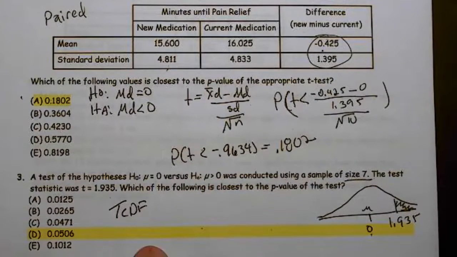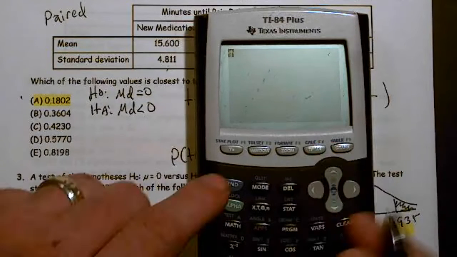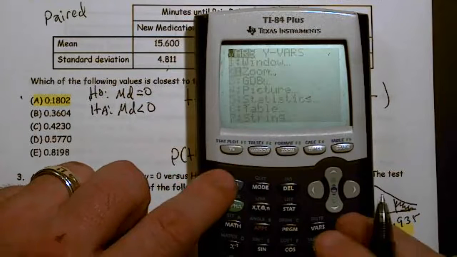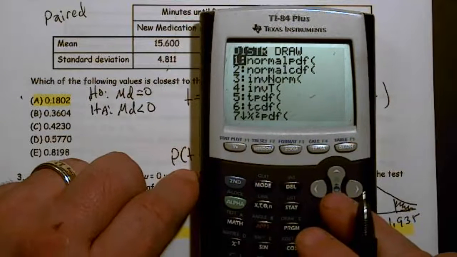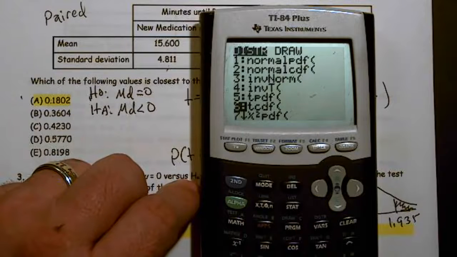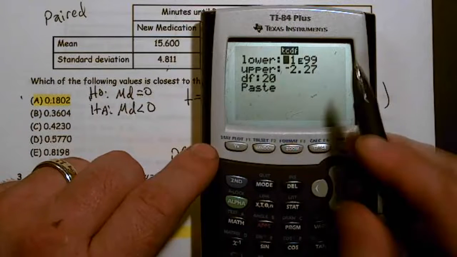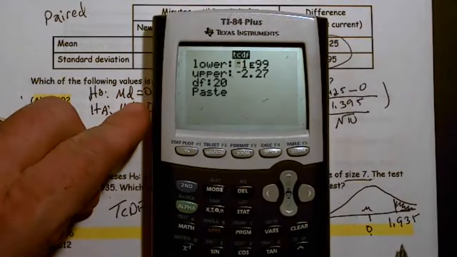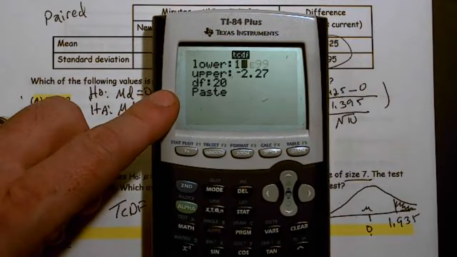All right. So second vars, tcdf. And we have a lower bound. Well, the lower part of my shading is at 1.935. And the upper bound is infinity.